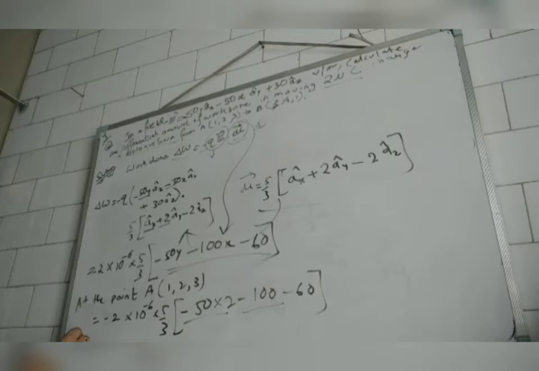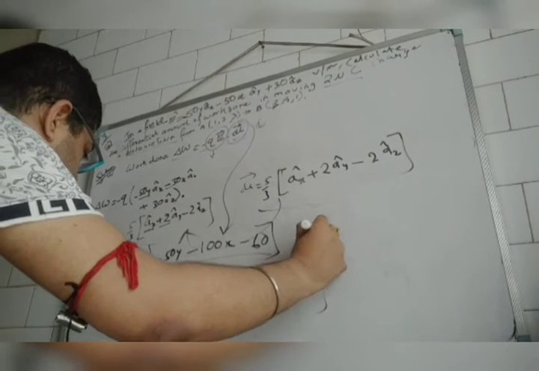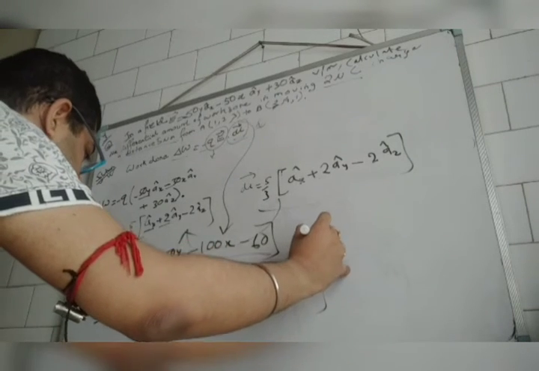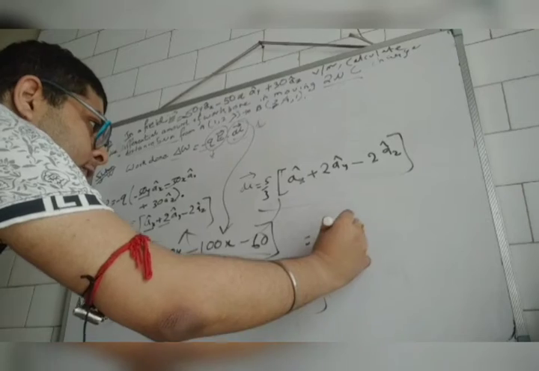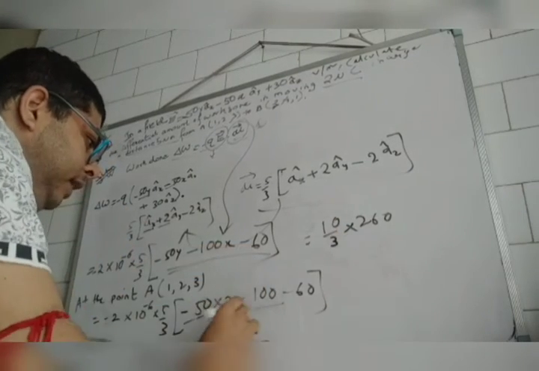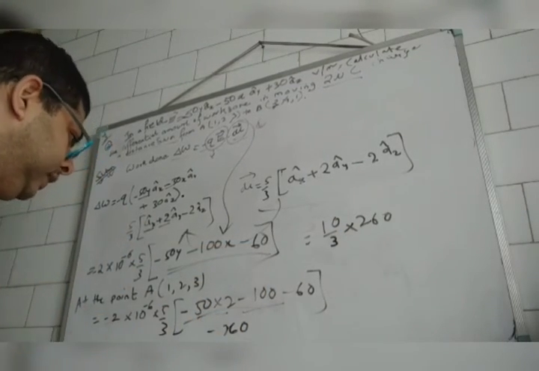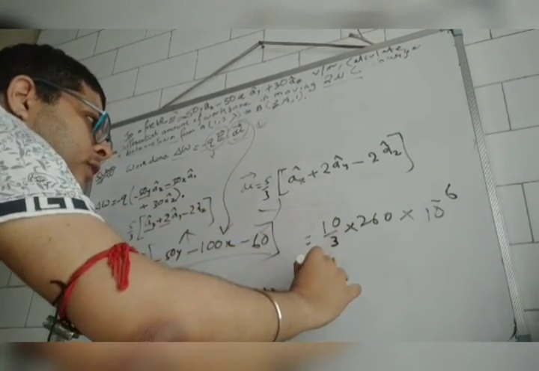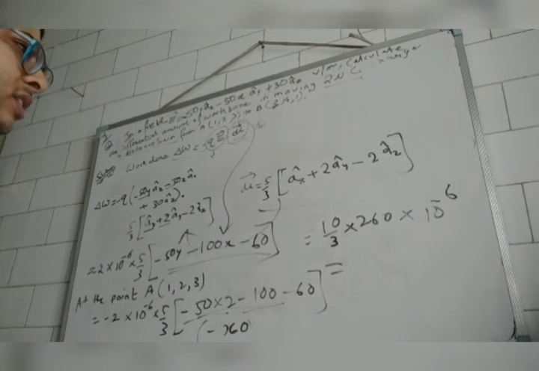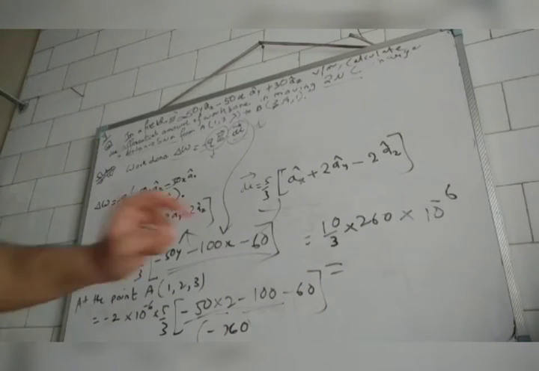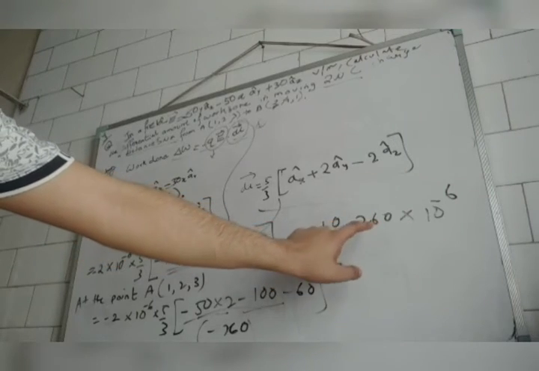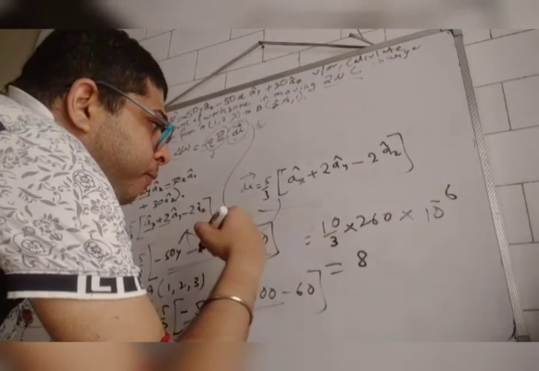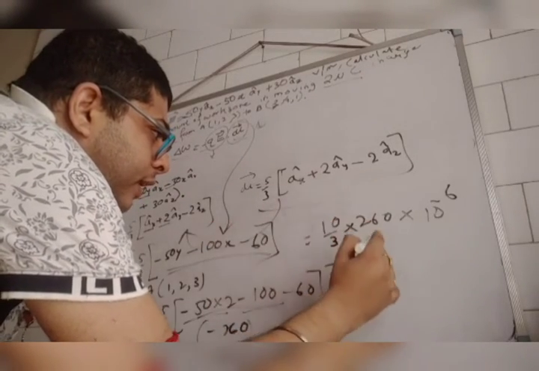If I take the minus common, this minus will vanish, so we will have only 10 by 3 into 260, that is minus 260 basically, times 10 to the power minus 6. If you calculate this, 260 divided by 3 is like 8, 24, 20, and then 6.